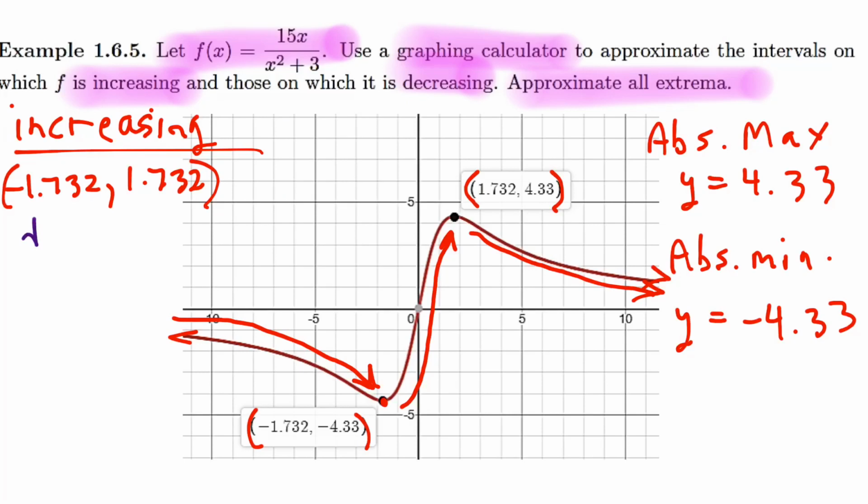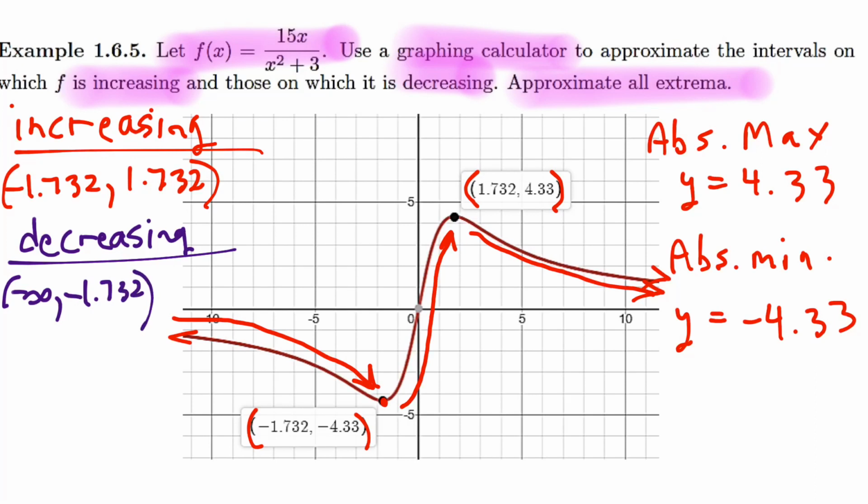Now let's do the decreasing intervals. All right, so right here, let's do this one. This is a decreasing interval, so it starts at negative infinity, goes to x of negative 1.732, union, and then we'll do this one over here.